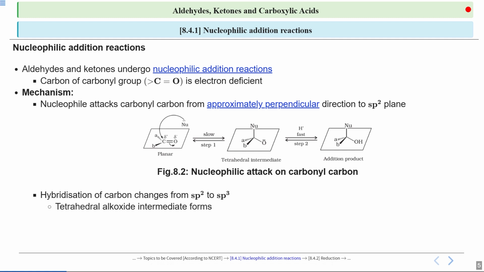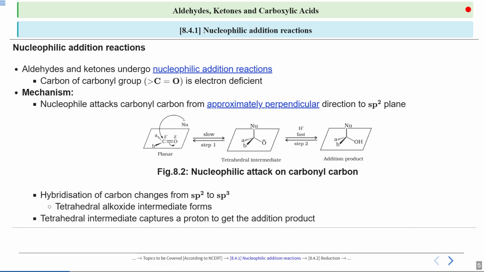So it forms a tetrahedral alkoxide intermediate. This intermediate is a temporary structure where the nucleophile is bonded to the carbon and the oxygen has a negative charge, as the electrons go towards the oxygen when the nucleophile attacks. Now the tetrahedral intermediate captures a proton to form the final addition product.